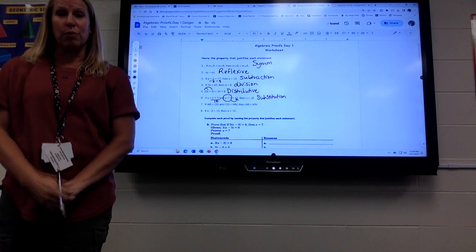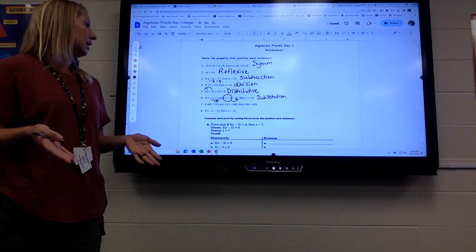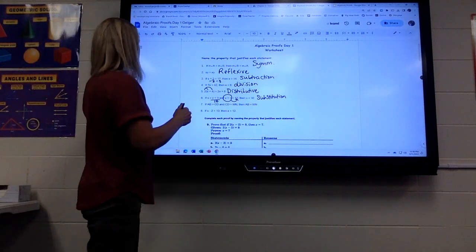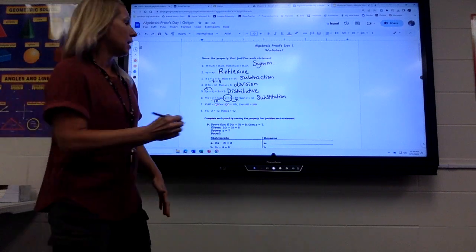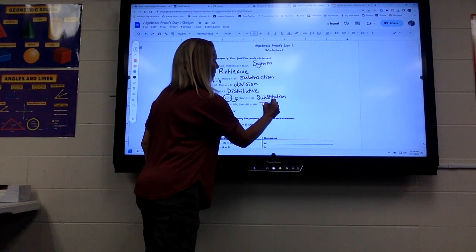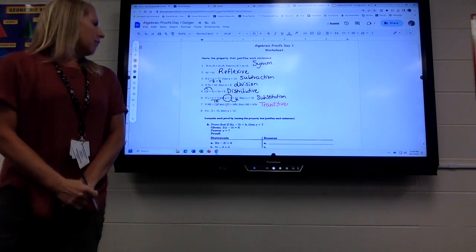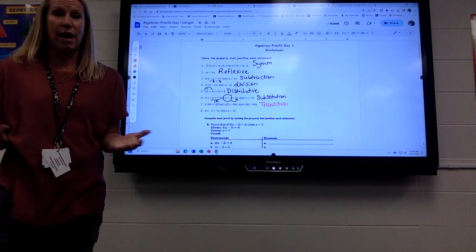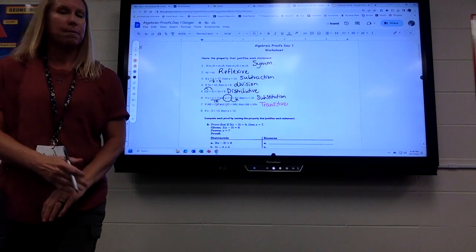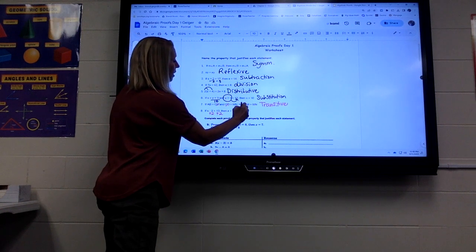Number 7 is the one where we take out what's repeated. If AB equals CD and CD equals MN, I can take out what's repeated and say AB equals MN. That is the transitive property. And then if x minus 2 equals 10 and I get x equals 12, what did I do? Well, I added 2 to both sides, so that would be addition.